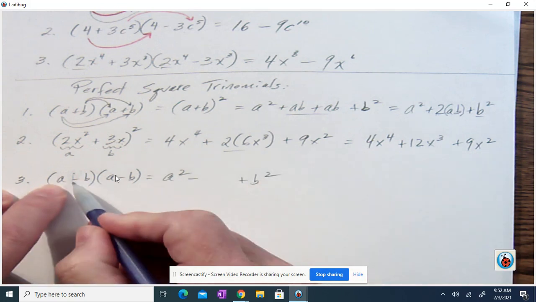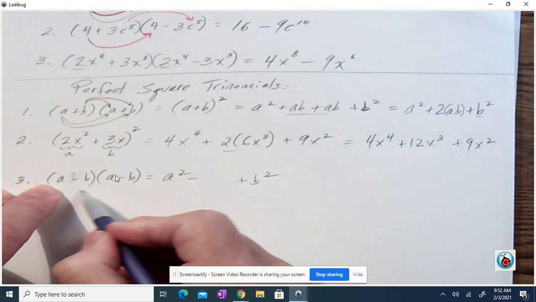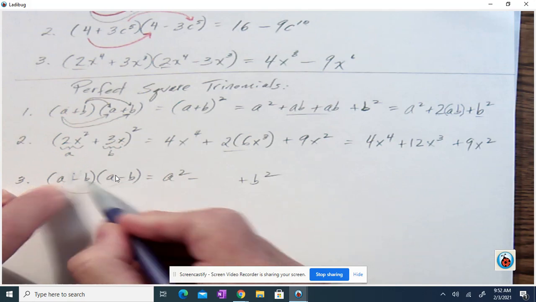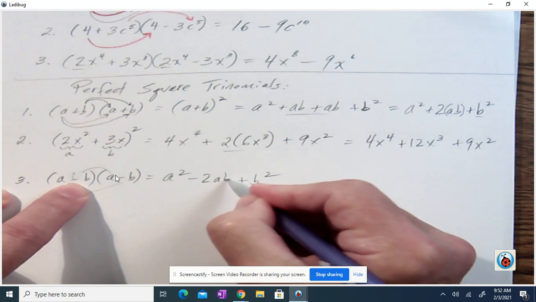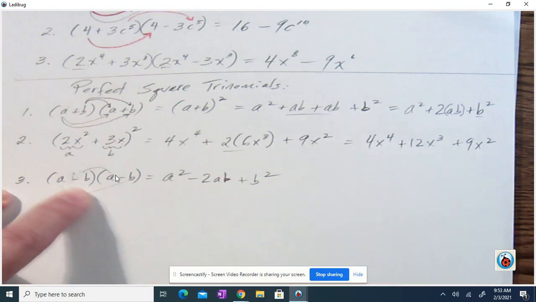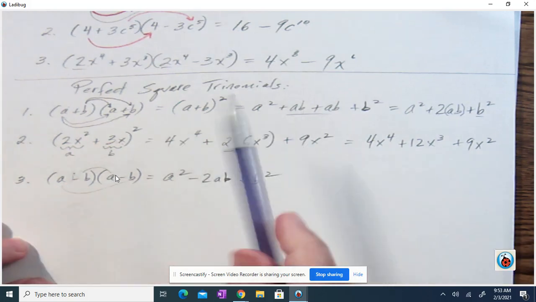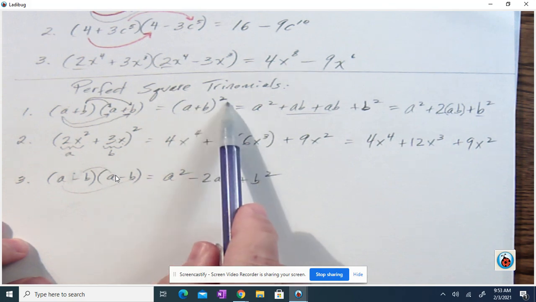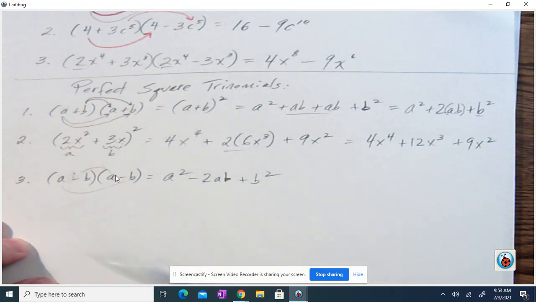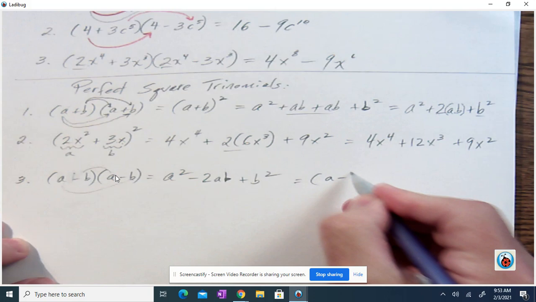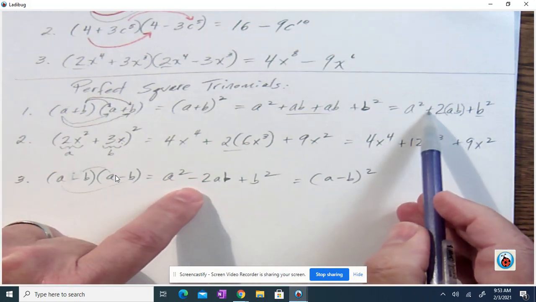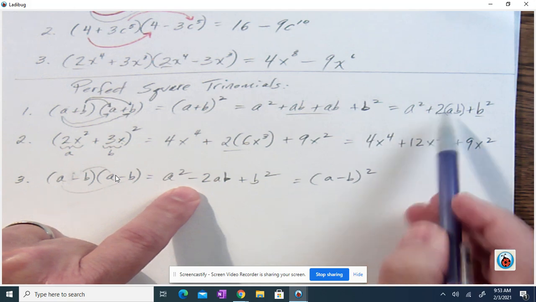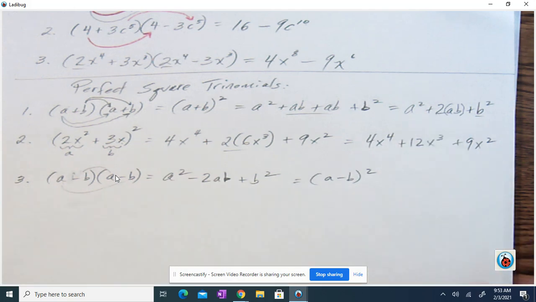But in the middle, you have a negative when you go here and another negative when you go here, so that's going to be minus 2ab in the middle. So the only difference between a plus b squared and a minus b squared is that instead of the middle term being positive, it is going to be negative.